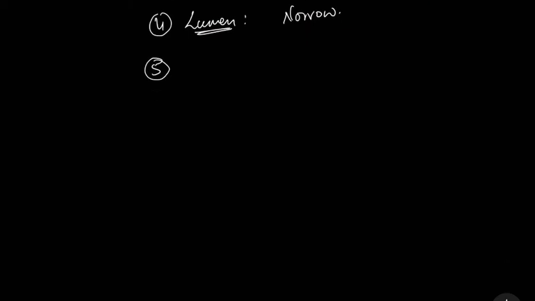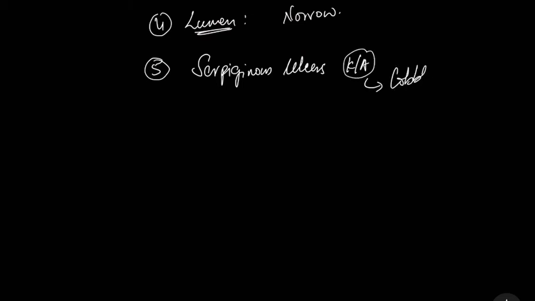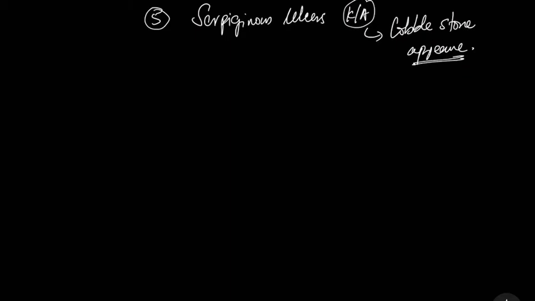We read something about serpiginous ulcers, which are known as cobblestone appearance. Now where is this seen? The location of the serpiginous ulcer is in your mucosa.